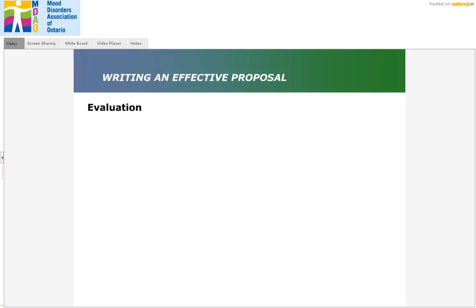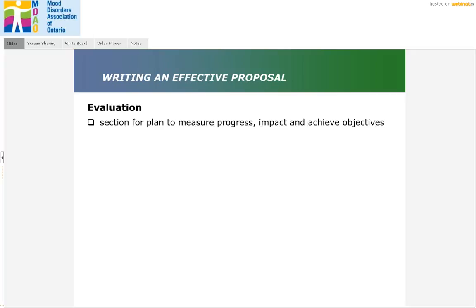Regarding the evaluation aspect, this is a section of the plan to measure your project's progress, the impact, and how to achieve objectives.